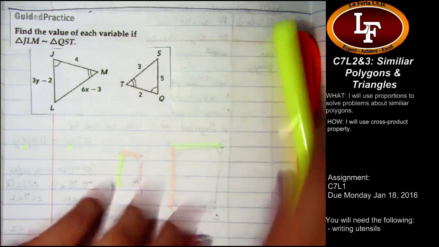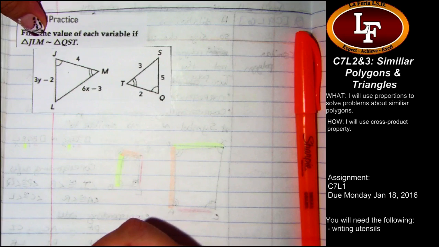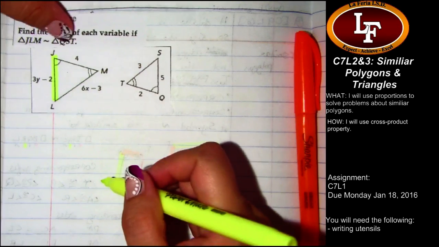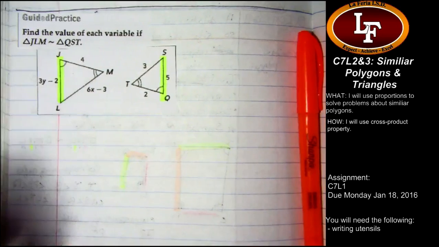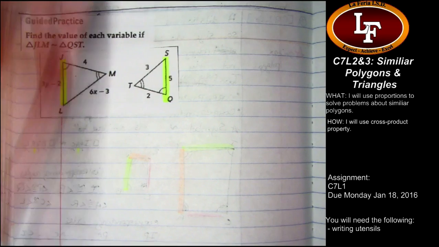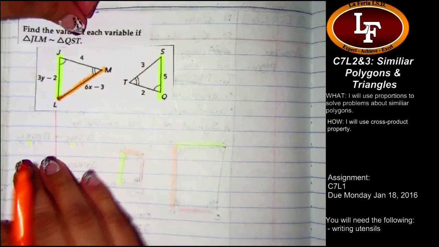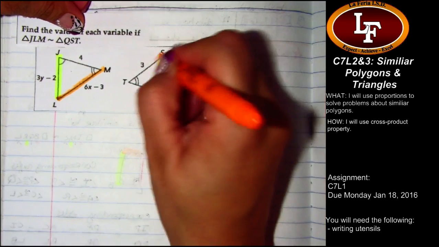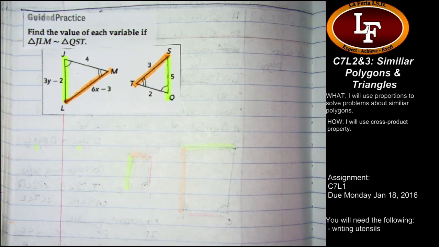So again, I'm going with some colored highlighters. The first 2 letters of this figure's name are J and L. So that side is going to correspond with the first 2 letters of this other figure's name, Q and S. The next 2 letters in this first figure's name are LM, and so that side is going to correspond with the next 2 letters of this figure's name, S and T. And my uncolored sides are corresponding as well.